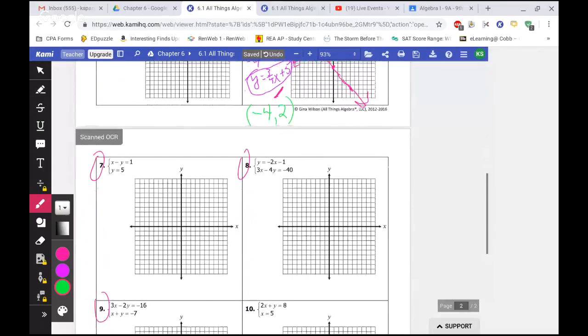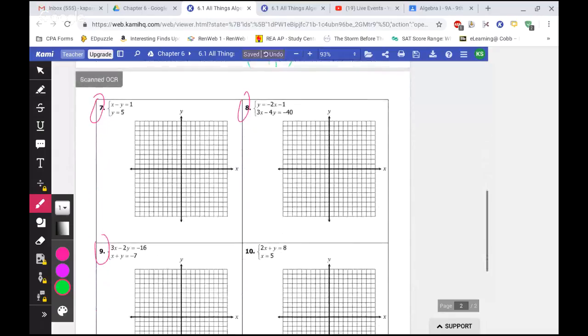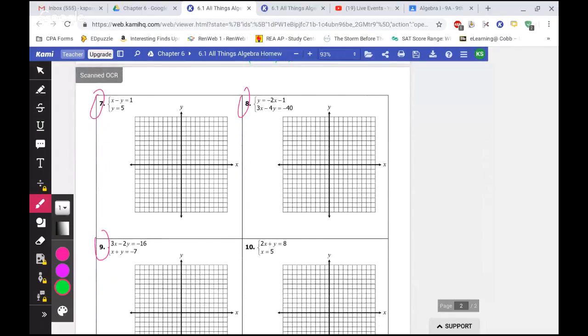All right, number 7. So we have y equals 5. I know we've got x minus y equals 1, but I'm going to go ahead and graph that y equals 5 because that's pretty easy. We don't have to change it into slope-intercept form.